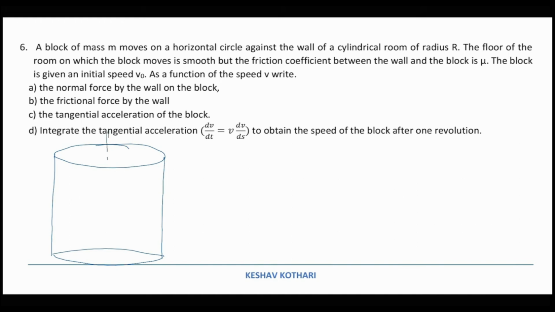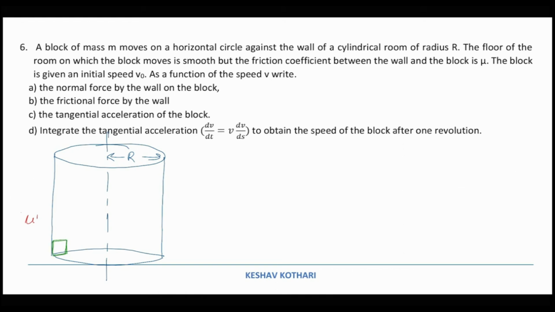I'm drawing a central line. The floor is perfectly smooth, but the friction is offered by the wall, and the friction coefficient is equal to mu. So we are placing a block over here in contact with the wall, and it is given an initial speed of v0.